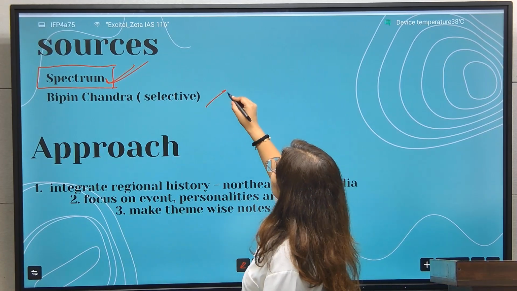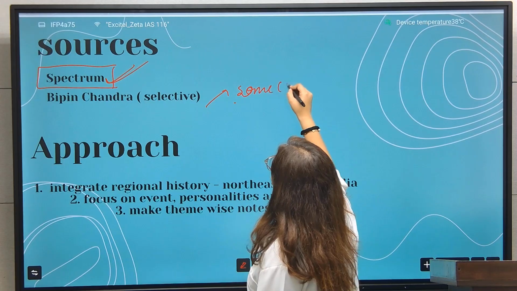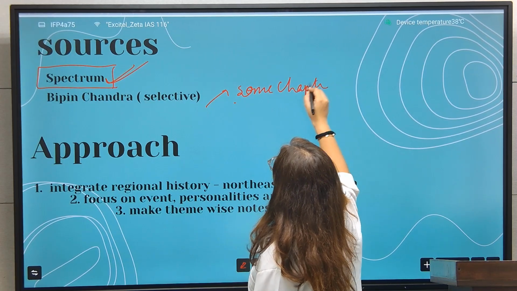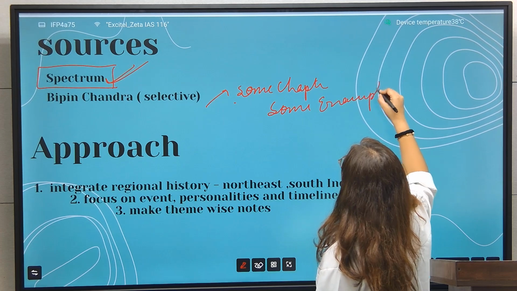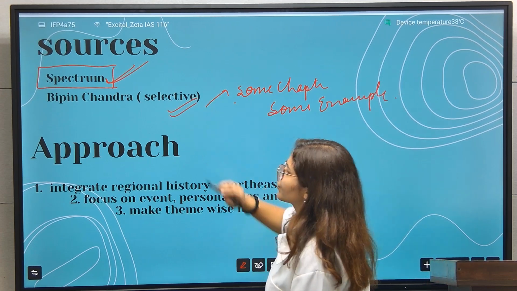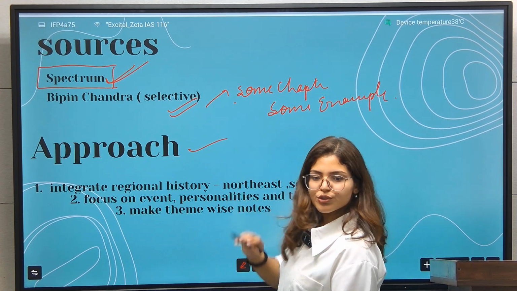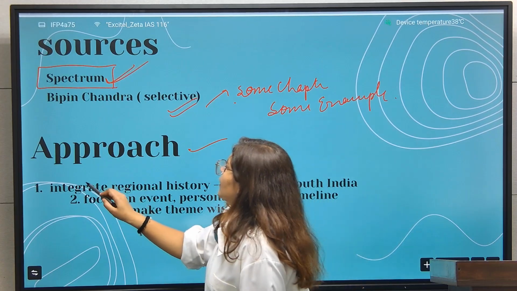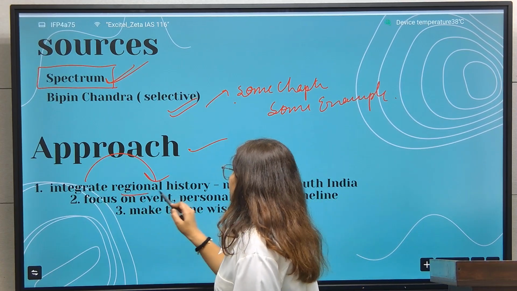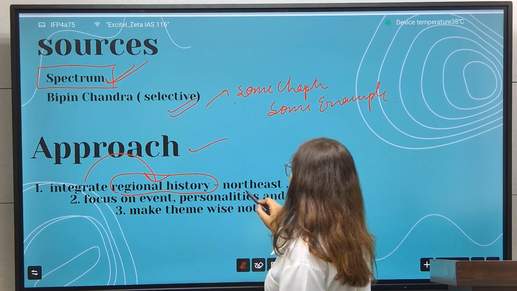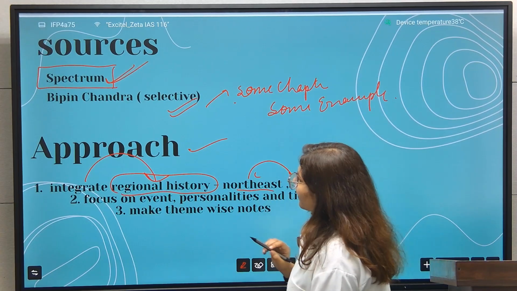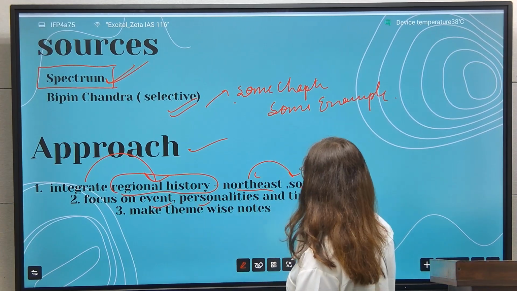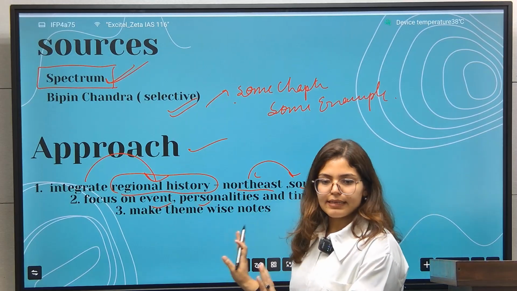Some chapters, some examples you have to take from the Bipin Chandra book. So what's the approach? Also integrate some regional histories, like Northeast, South India. Focus on events, personalities and timeline, and make these theme-wise notes.